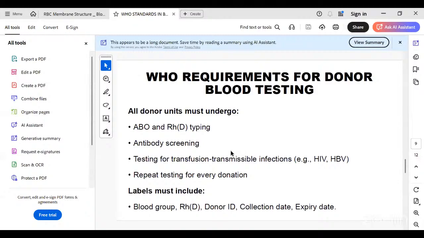And it's not that they come today and whenever they come again, you skip. You have to do it every single time they come forward. Then what must be labeled on the donor's bag is the blood group, the results, donor ID, collection and expiry dates. Next slide.